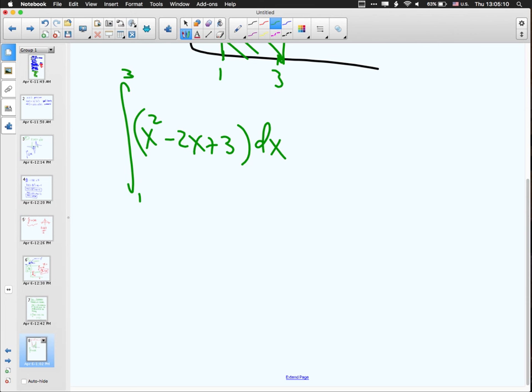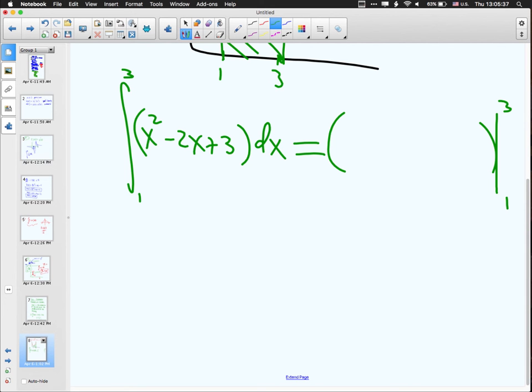This is how we write that. That straight line at the end just means that we're going to evaluate it twice, at the 3, and then at the 1. The stuff that goes here is the antiderivative.